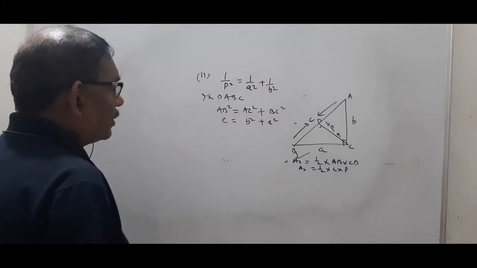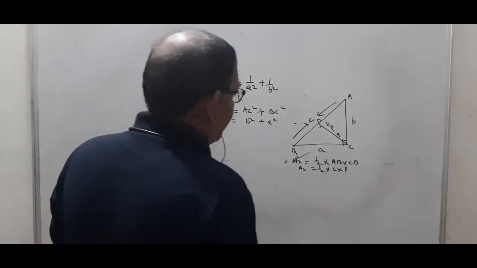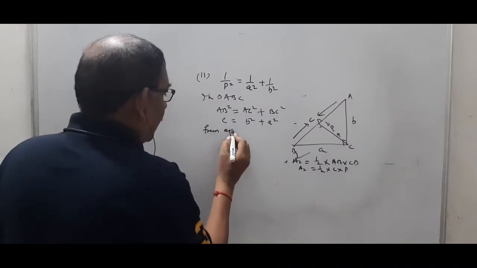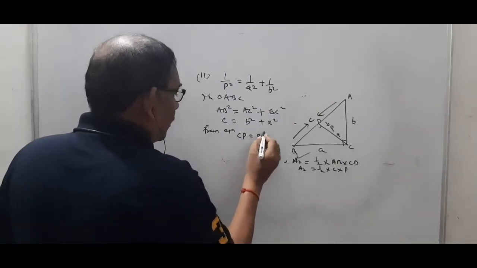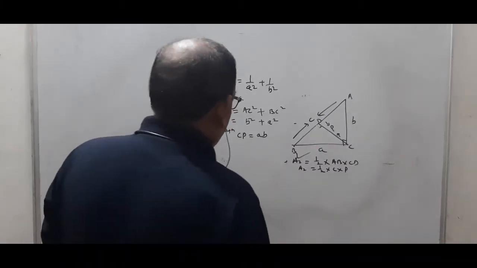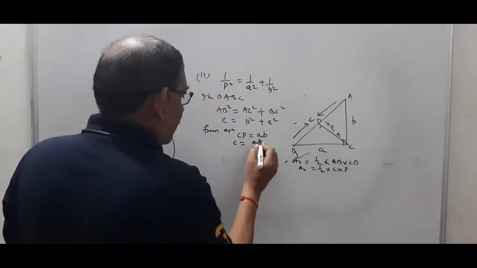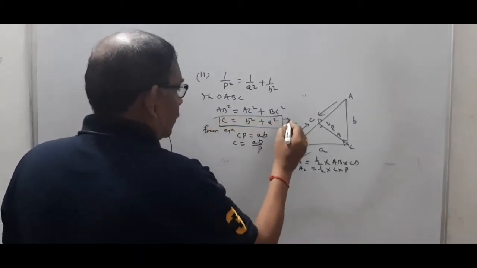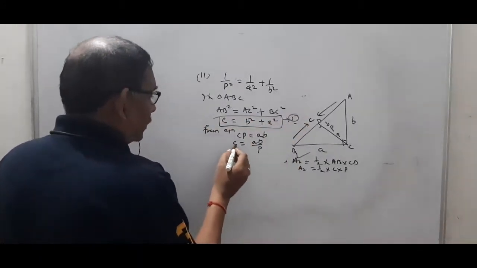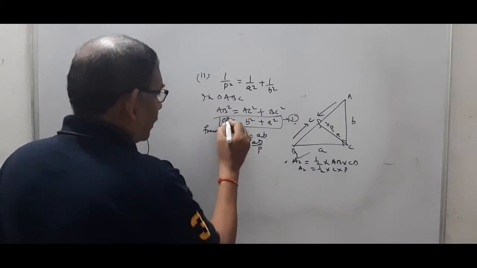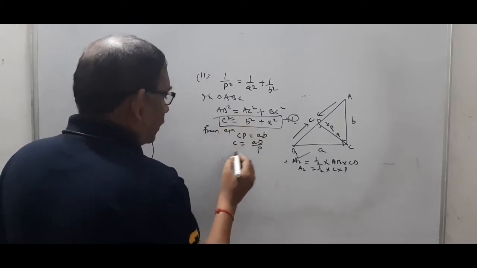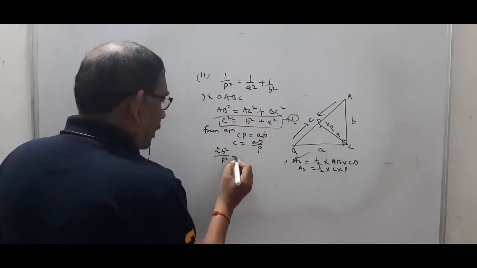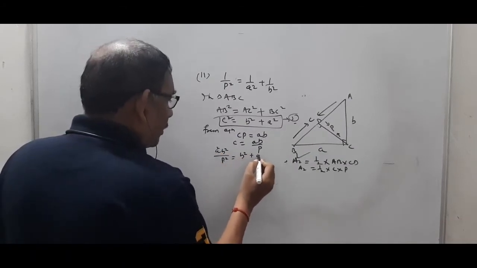Now convert C in terms of P. Okay. From the equation CP is equal to AB, C is equal to AB by P. Putting this in the equation, C is equal to AB by P. It is C square, remember. It is A square B square by P square equals B square plus A square.